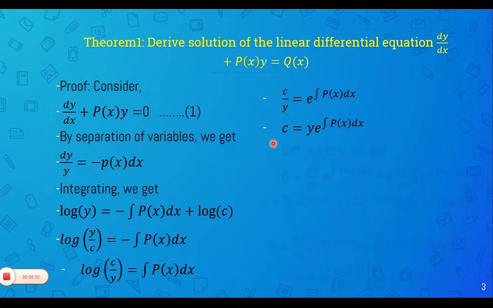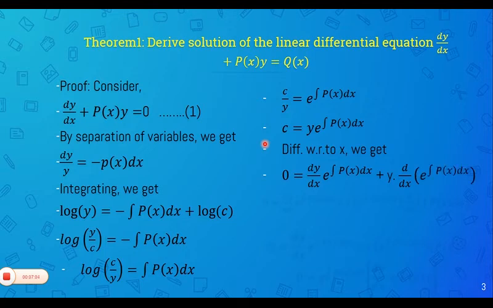Now we take the derivative on both sides. The left hand side is a constant, therefore its derivative will become 0, and the right hand side is nothing but d by dx of y into e to the power integration p dx. So using the product rule, we get 0 is equal to... you know what the product rule is? First function derivative into second function as it is, plus first function as it is into derivative of second function.